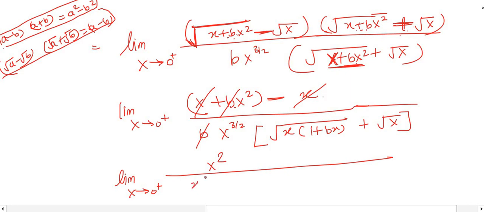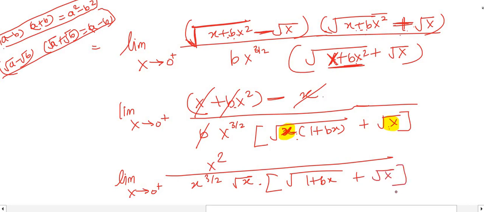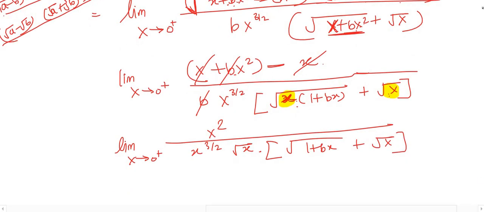X square by x power 3 by 2. In these two, can we take root x common? Just patiently keep on solving. You will reach there. Root of x common. So what is left here is root 1 plus bx plus root of x. Okay?